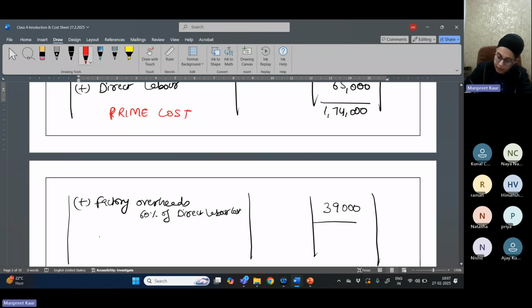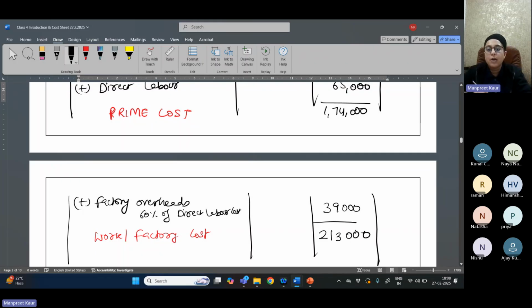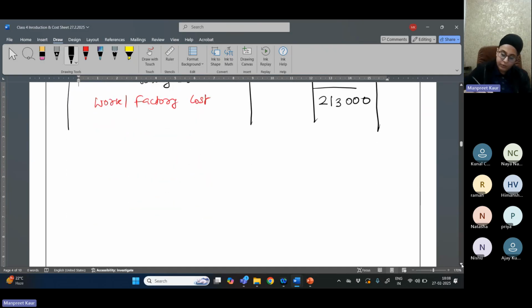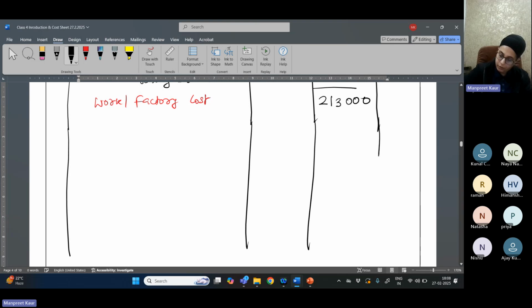Total becomes the works or factory cost, that is rupees 2,13,000, 1,74,000 and 39,000. Next, we will adjust opening and closing WIP 4,000 and 6,000.